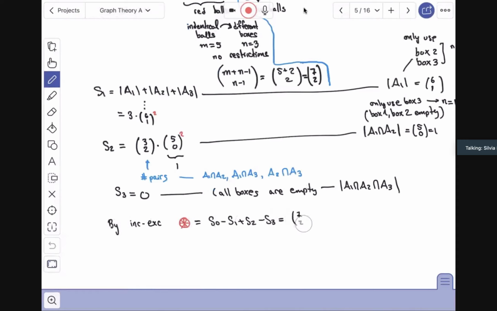S0 is 7 choose 2 square minus 3 times 6 choose 1 square plus 3 choose 2 times 5 choose 0 square minus 0.